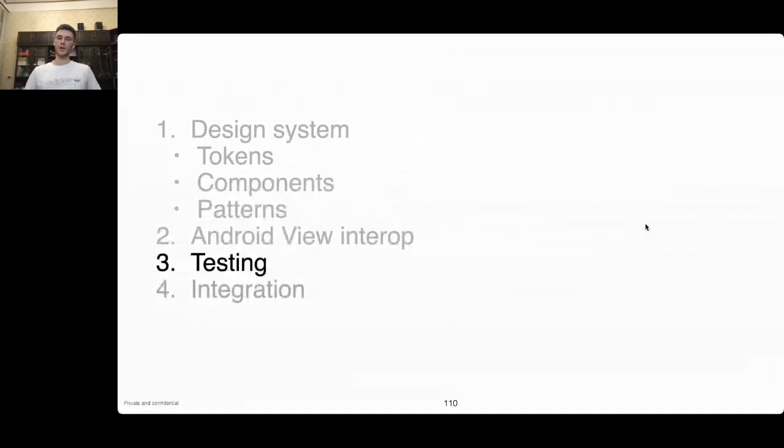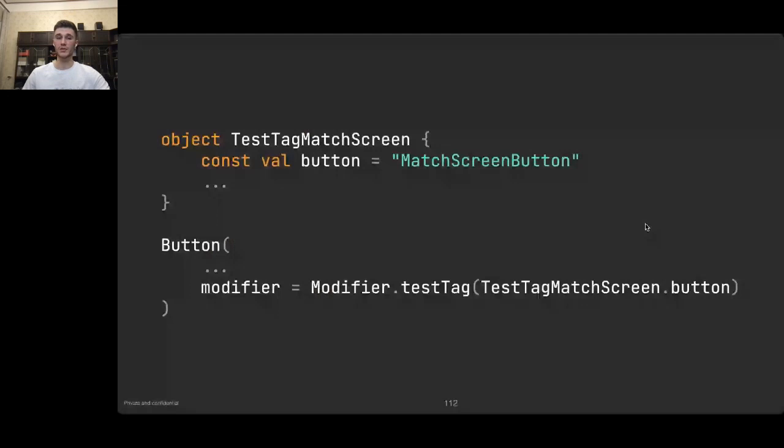You may already have noticed that we haven't assigned any IDs to our composable functions. And usually when we test things in Android, we use IDs to find the views on the screen and check their properties or interact with them.